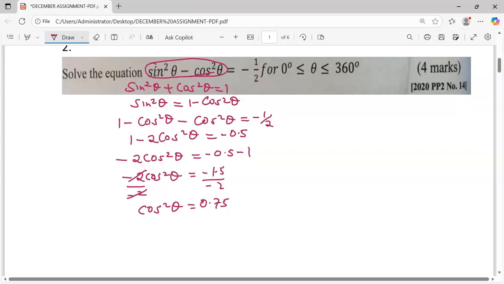0.75. Once we have gotten that, this is cos squared theta, and therefore to get cos theta, we are going to take the square root of 0.75, and the square root of 0.75 will give us plus or minus 0.8660.